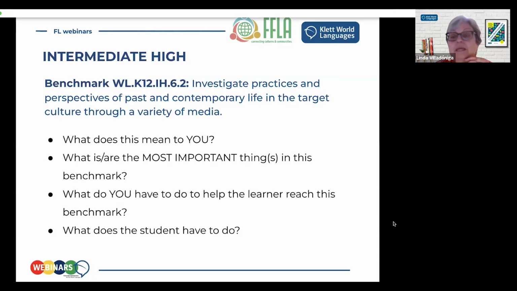This is for an intermediate high. So this would be juniors and seniors, level 4, definitely not 3. Investigate practices and perspectives of past and contemporary life in the target culture through a variety of media. So you can bring in almost anything you can think of. They can do models, they can do dioramas, they can do a slideshow, they can do a podcast, and compare past and contemporary.